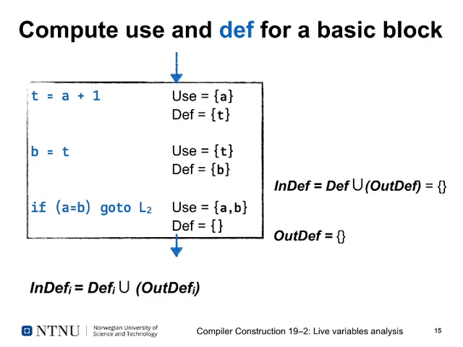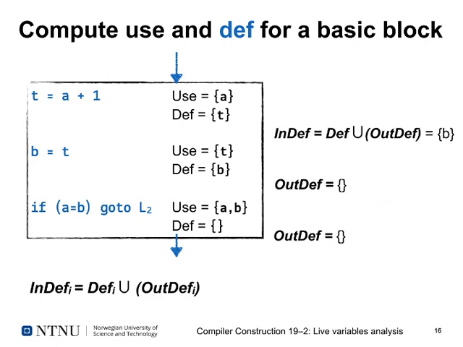We didn't define any variables in this if instruction here. So the empty set joined with the empty set, of course, remains the empty set. So we have a new out def, which is still the empty set, for the second instruction here. Now we join this with the defs here.